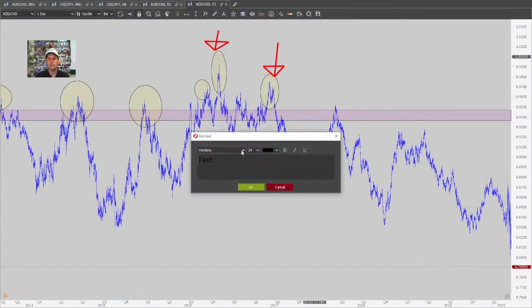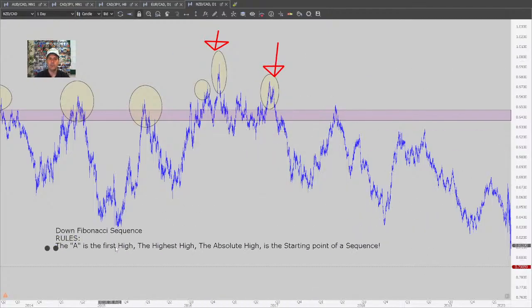So in a down Fibonacci sequence, the capital A is the first high, the highest high, the absolute high, is the starting point of a sequence. All right everybody, that's the rule.